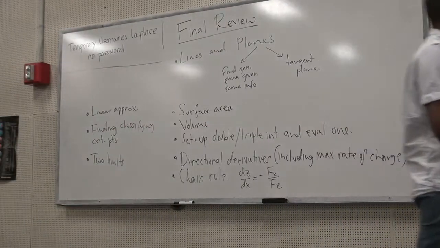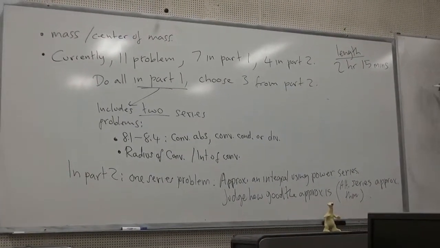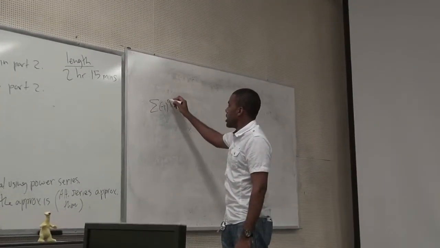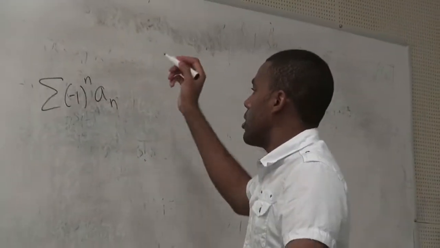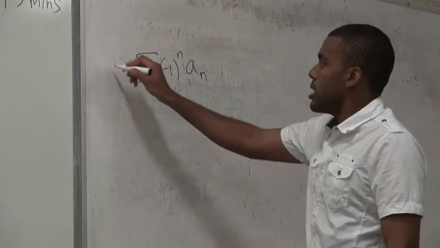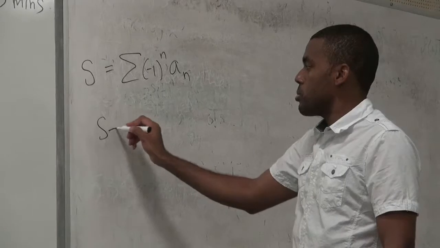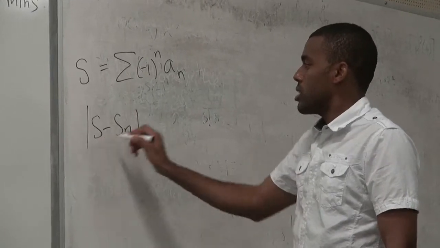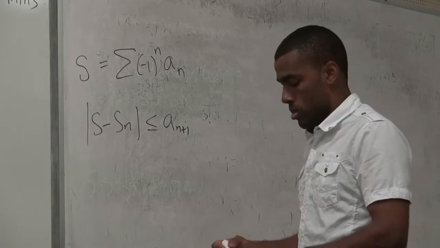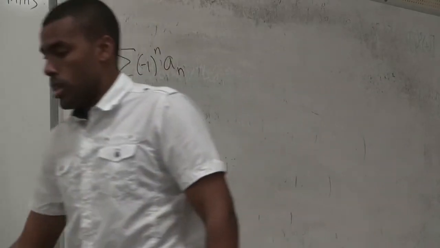It's just saying if you have some series like the sum of (-1)^n a_n that converges to s, then the difference between s and s_n is less than or equal to the a_(n+1) term.